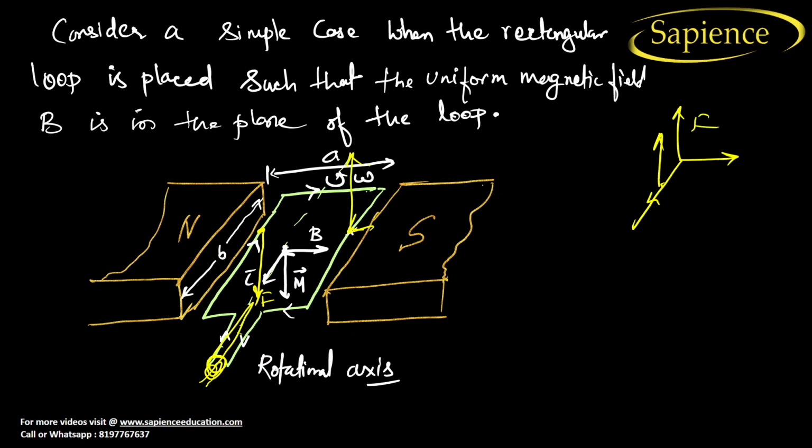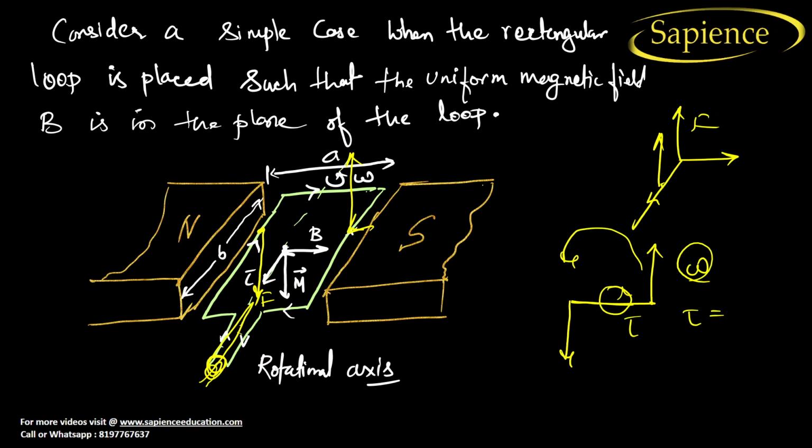So in this whole coil, one force is acting downward and another force is acting in an upward direction. There is a distance between them, so a torque will automatically be created. This torque will try to rotate the loop with angular velocity omega, right? So this is what is happening.